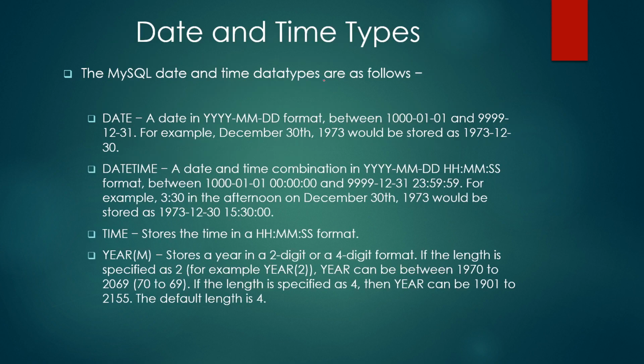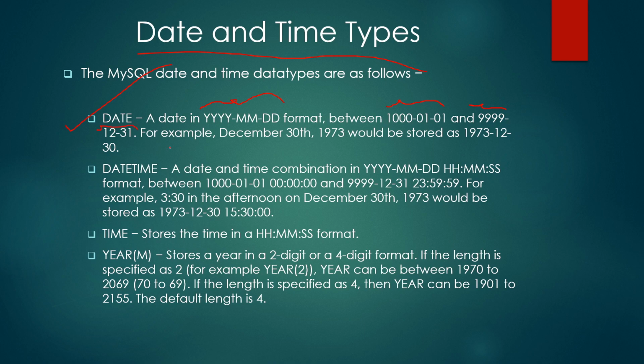Now let's come to date and time. Okay, date and time. The MySQL date and time data types are as follows. First is date. A date is in this format. Okay, it will be stored in this format. First year, then month, then date. Between this, the range is from this to this. Okay, it cannot go beyond that.